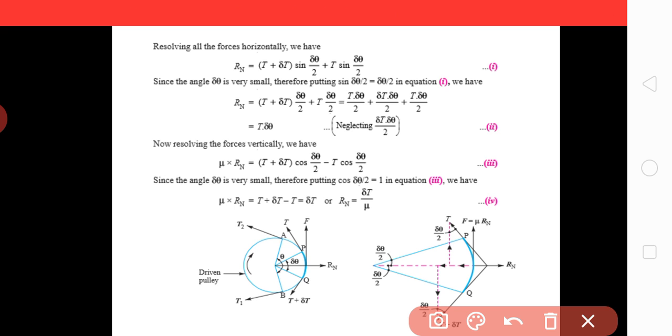Since the angle delta theta is very small, cos delta theta by 2 becomes 1. As you know, cos 0 equal to 1. So it is nearing 0, so we have considered it approximately 1 in equation 3. So mu Rn equal to T plus delta T minus T, or equal to delta T.